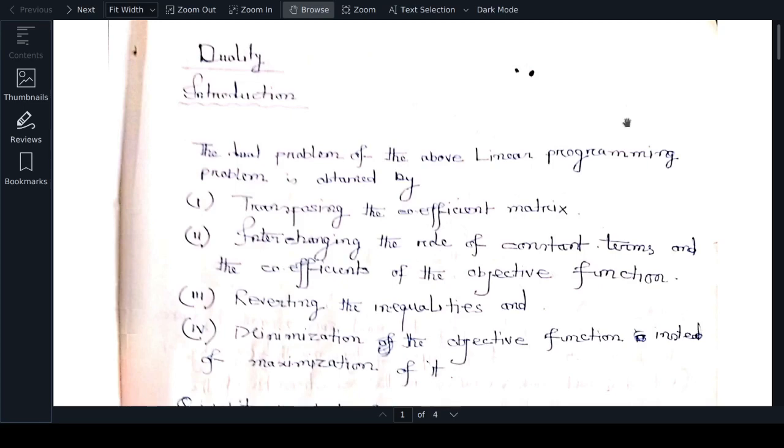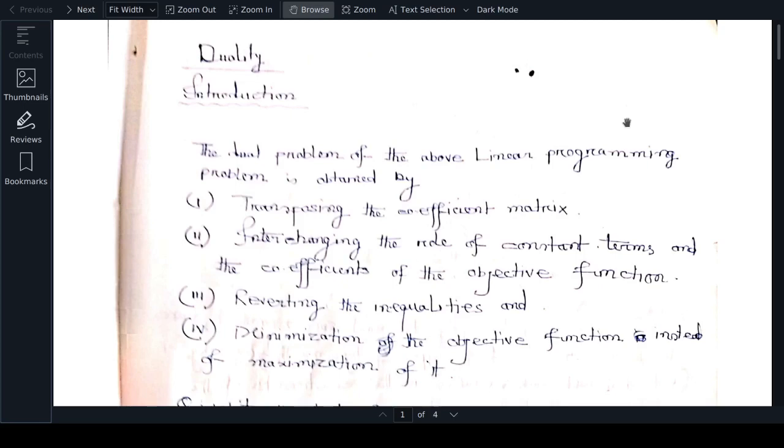In the dual, 2 1 will be the coefficients of the objective function and 3 1 will be the constant terms of the constraints. And next, point number 4 is minimization in the objective function instead of maximization, and vice versa. It means if the given problem is minimization, then when we write its dual, the dual should automatically be maximization.